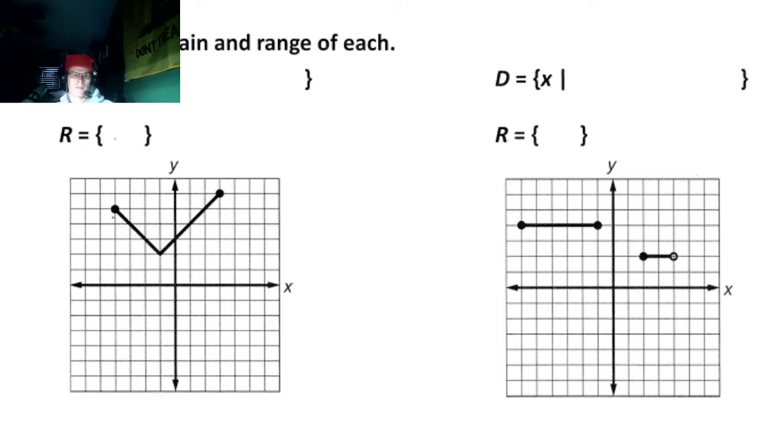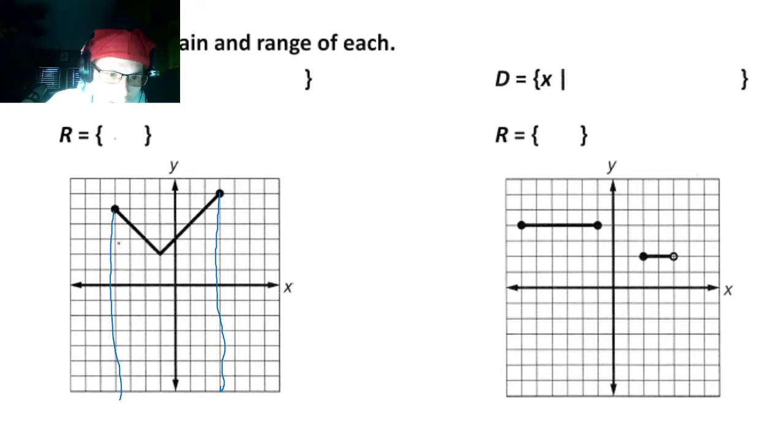So all you have to do is figure out for the domain, so our domain's going to be in blue, we have our x values. All right? So x such that -4, because it starts at -4, is less than or equal to, because it's a closed circle, less than or equal to x is less than or equal to 3. Remember, we did these at the very beginning of this chapter.